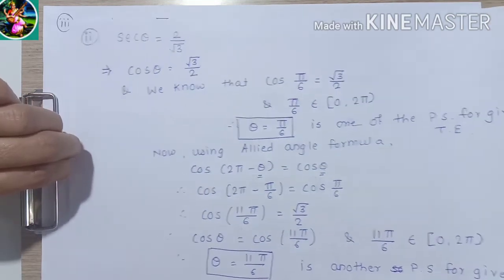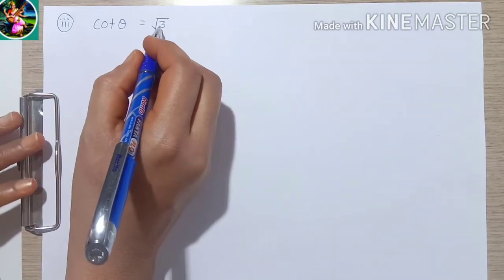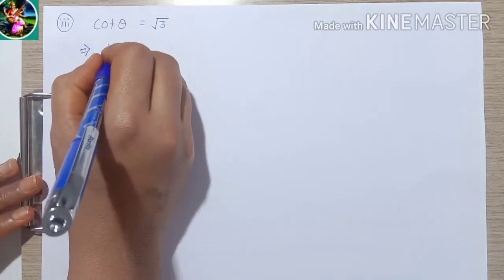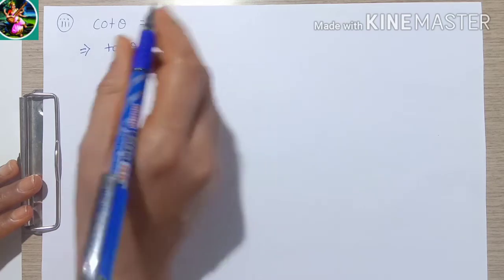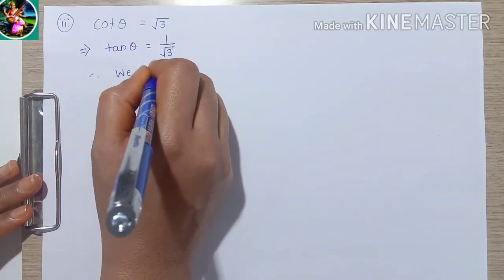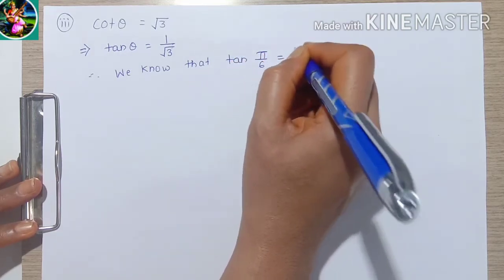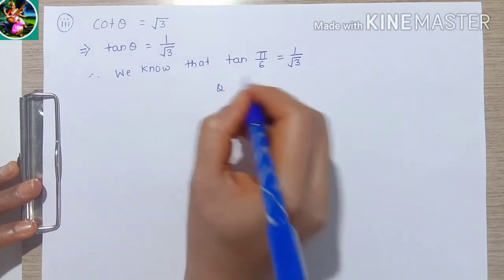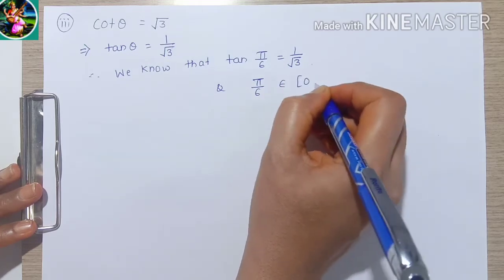Now we solve the next example, that is cot theta is equal to root 3. That is tan theta is equal to 1 upon root 3. Therefore, we know that tan of pi by 6 is equal to 1 upon root 3, and pi by 6 lies between 0 to 2 pi.